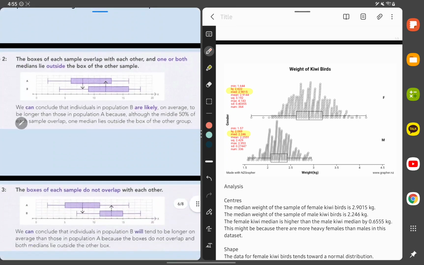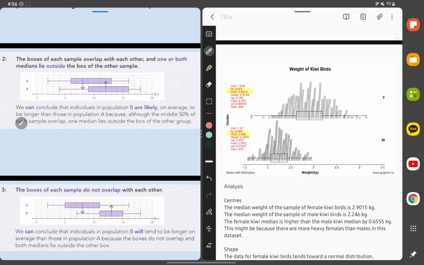This one is when one of the medians falls outside of the box, but the other median falls inside. So this is where we say we can conclude. This is statistically different enough, the sample medians and the sample data seem to be different enough, that we can say, oh yeah, male kiwi birds and female kiwi birds, there's a difference there.